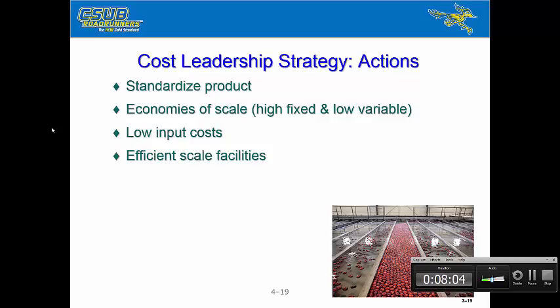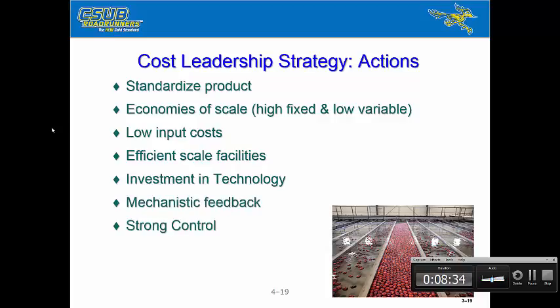Efficient scale for your facilities, so similar to economies of scale. You can invest heavily in technology. For those of you who are investing more in R&D in Globus, you'll find that as the game goes on, your costs get lower and lower because you invested so much in R&D at the beginning of the game. So, tip for anybody out there that hasn't invested a lot in R&D yet: if you do, by the end of the game, you'll reap the benefits of that.